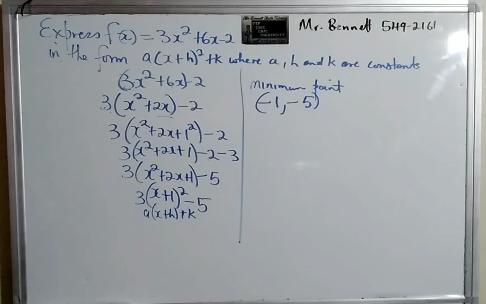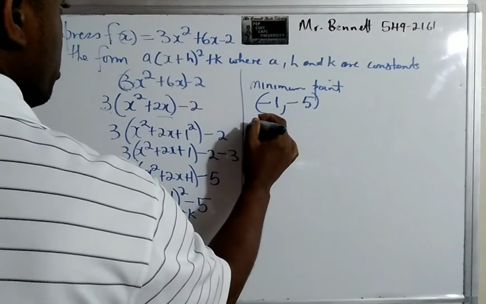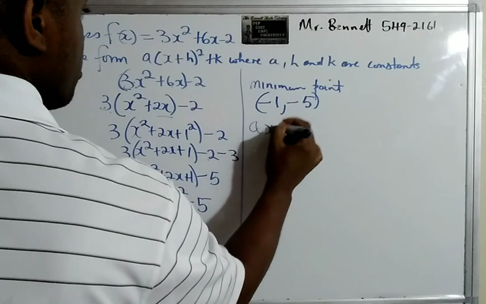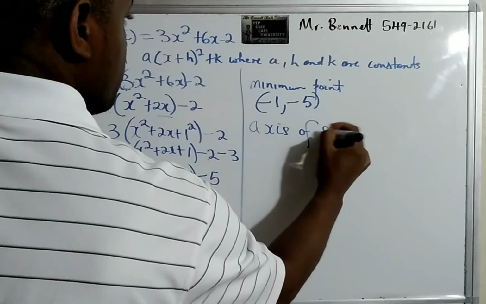So the first part is worth 3 marks and the next is 2. The next question says, state the equation of the axis of symmetry of the function. So let us write that: axis of symmetry.